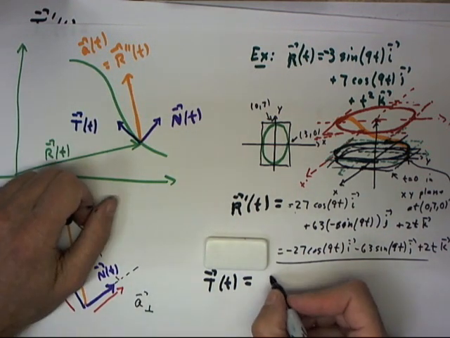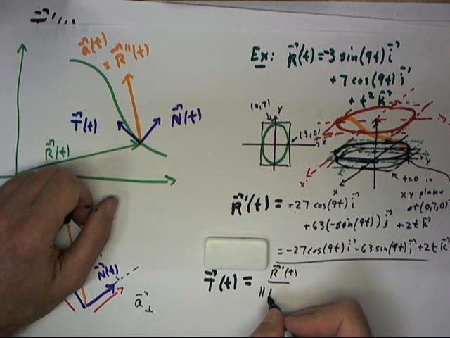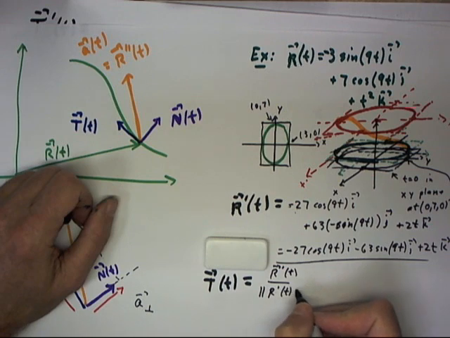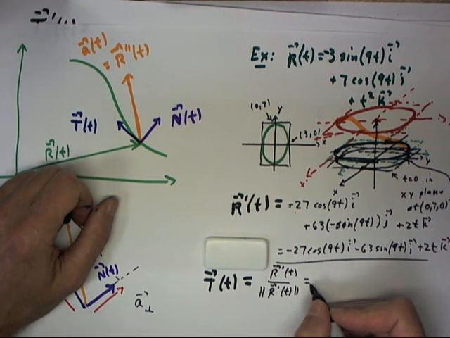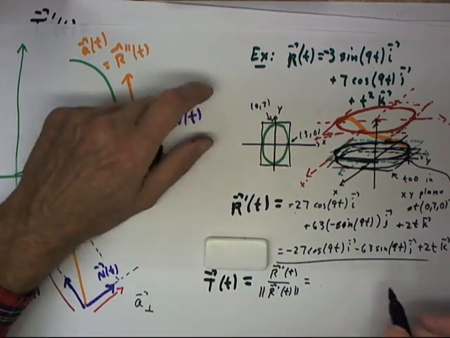Our unit tangent vector is just r prime of t divided by the magnitude of r prime of t. And this is not too bad, although in the process of writing this down, we'll probably begin to have a little premonition about taking its derivative in order to get the unit normal vector.